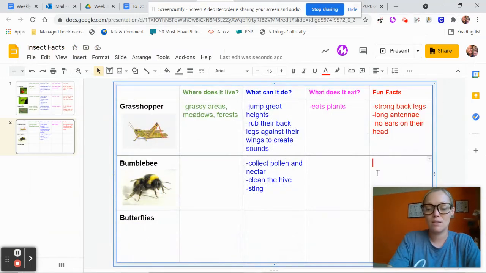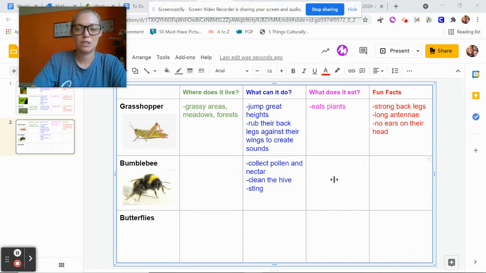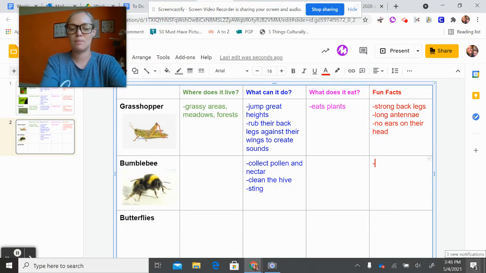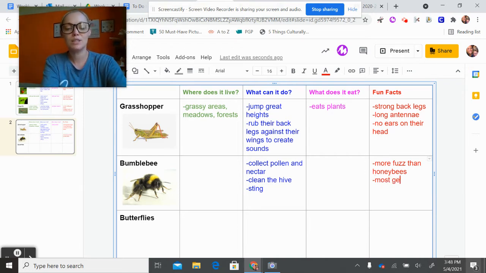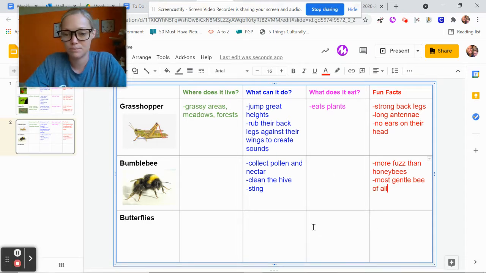So I'm going to move my picture, and I'm going to put in more fuzz than honeybees. And I'm going to put most gentle bee of all the bees. I'll add that in just so that you remember.